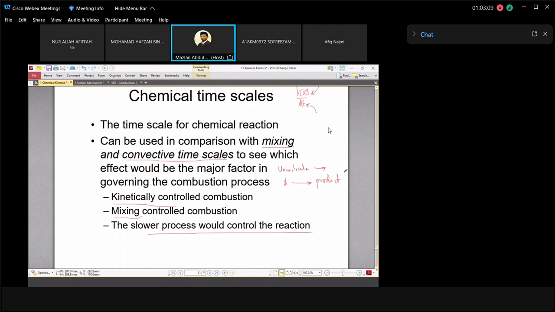So negative dA/dt for this particular reaction is equal to d[product]/dt, equal to k[A].